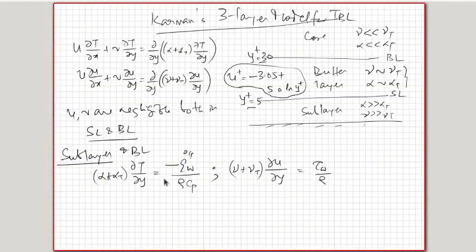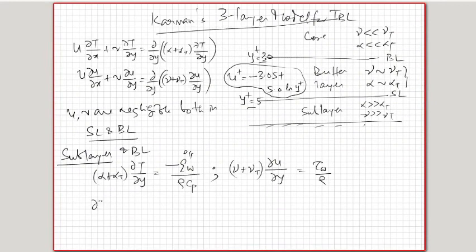So if I take this alpha plus alpha t to the other side, del t by del y is equal to this divided by this, and integrate over y between the wall and any y value in the region of sublayer to buffer layer, then I will be able to write this.